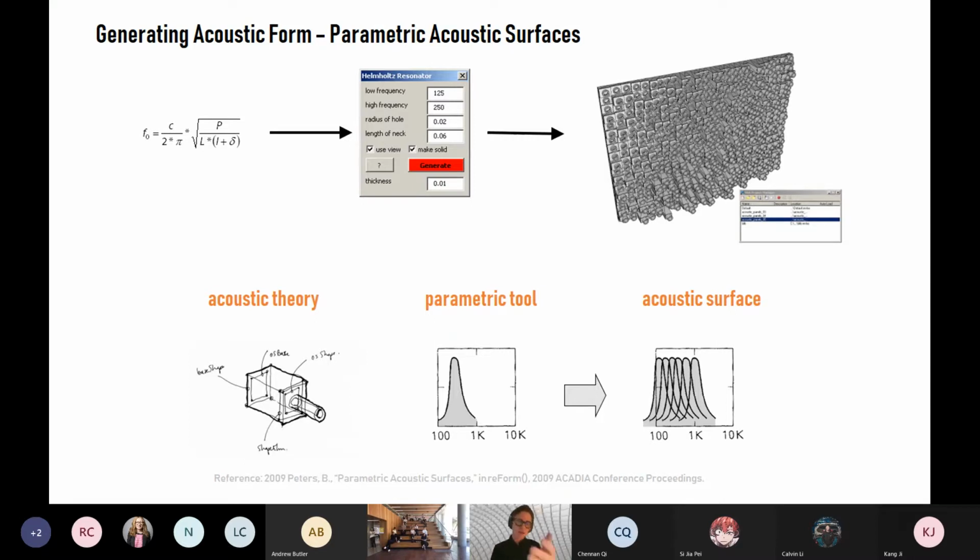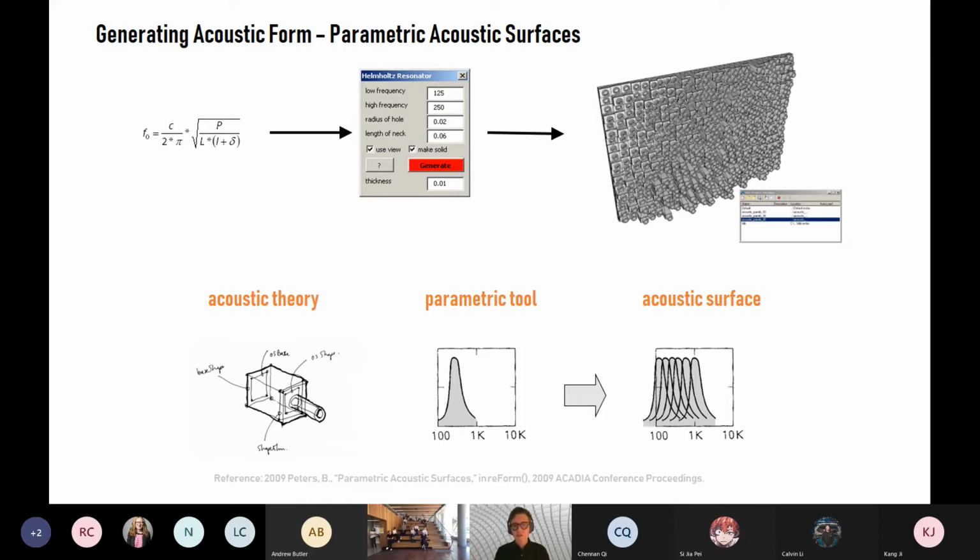Here we see one example of that. This takes the formula for a Helmholtz resonator and, instead of a singular absorber at a singular frequency, turns it into a broadband absorber through the multiplication of many different resonators.